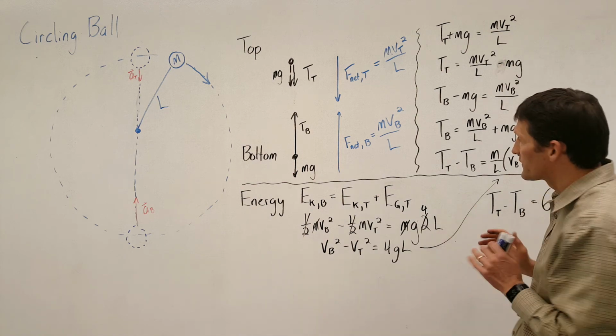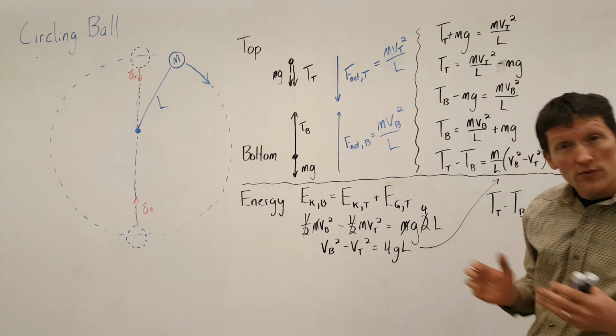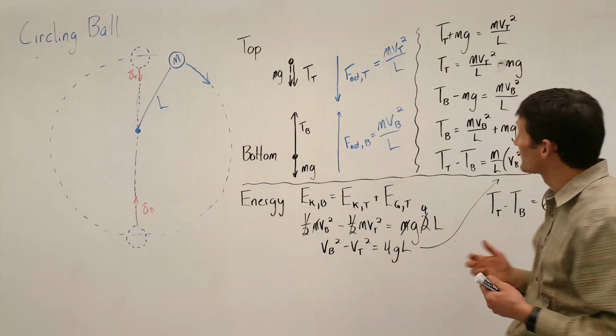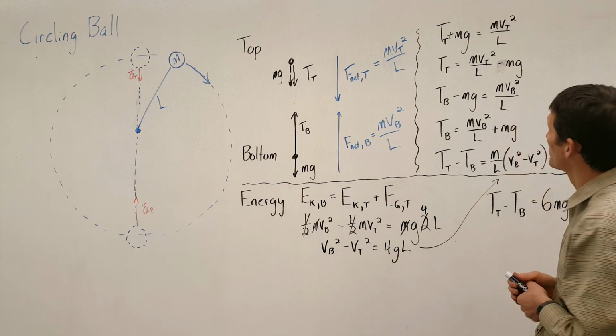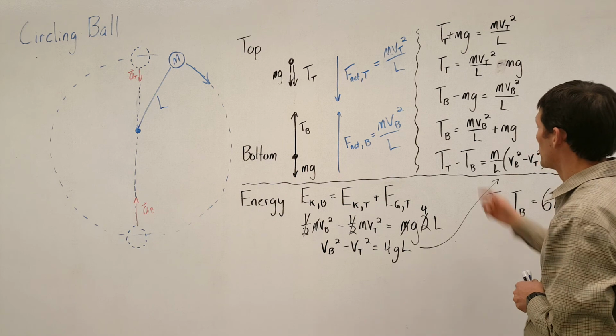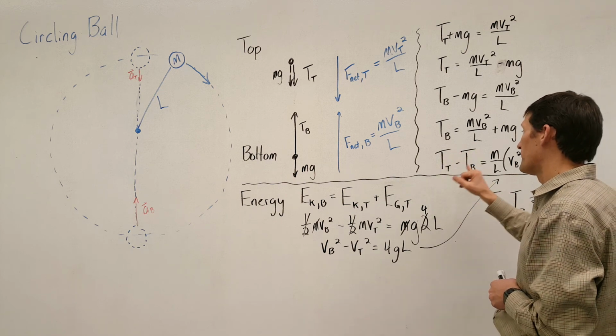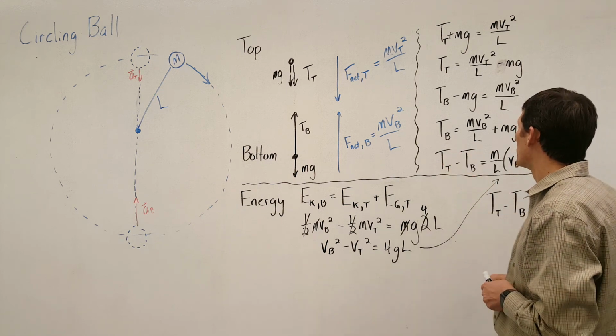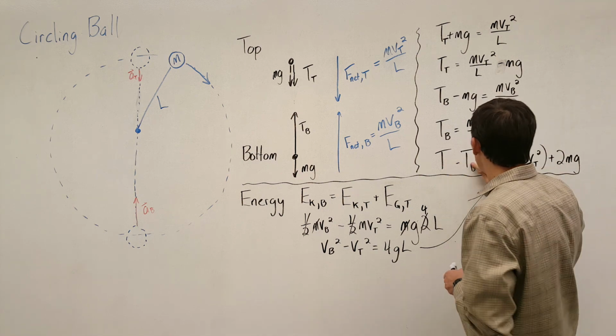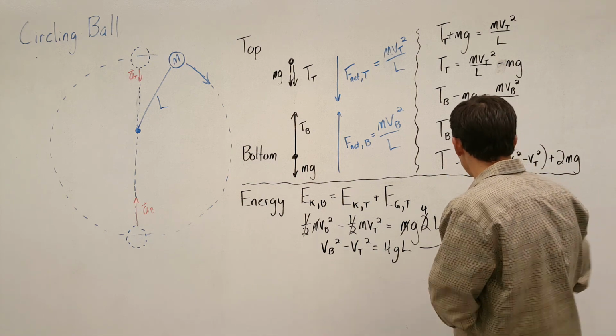So then this finally gets me to the point where I can start to move towards the thing that the question is actually asking me about, which is the difference between the two tension forces. And I find that the difference between the two tensions, this should be T bottom minus T top.